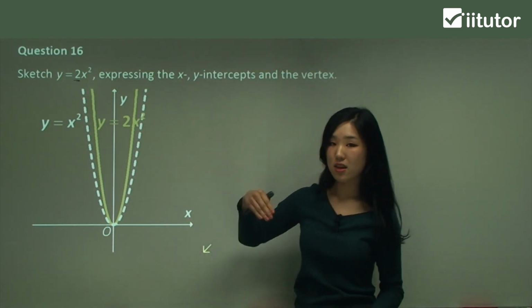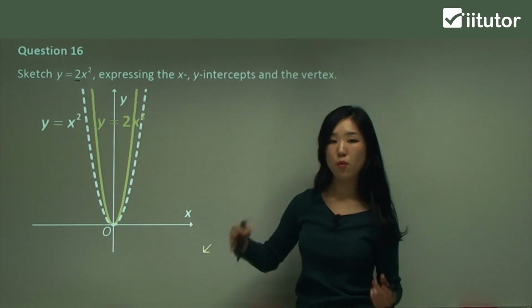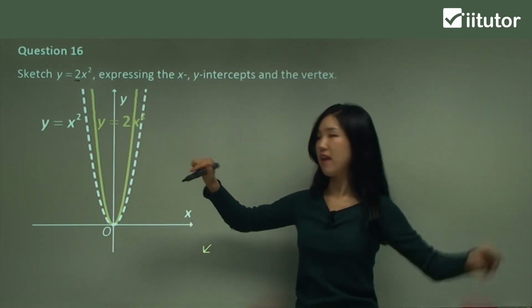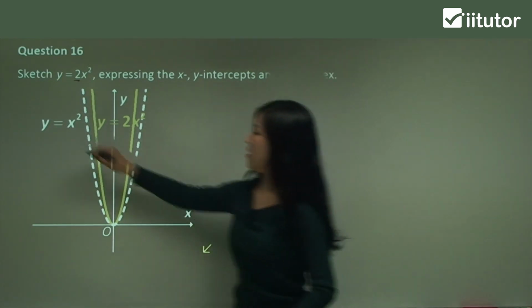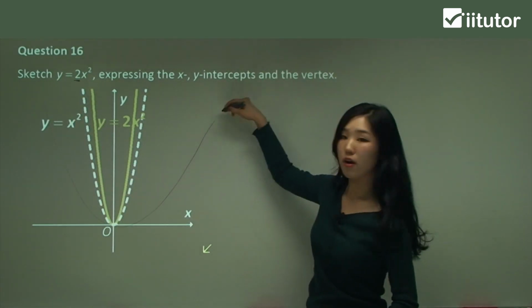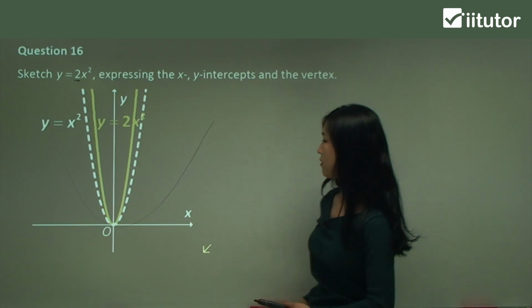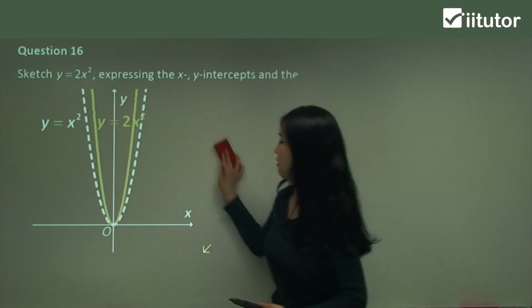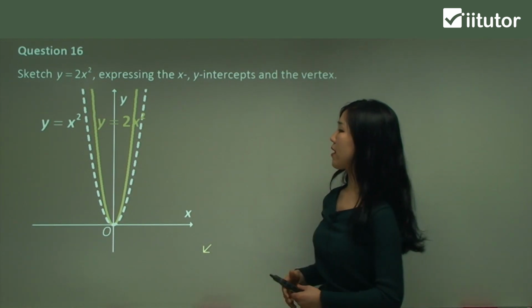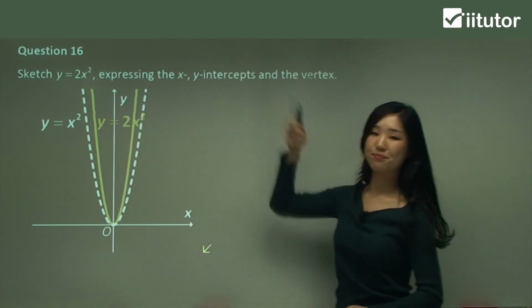Okay, if it's between 0 and 1, it becomes fatter. So if it's say half x squared, it will be a lot fatter this way. Okay, so that's the difference. Sorry I did that really rough, but that's the whole idea. Hope you get the basic idea. That's y equals 2x squared, the yellow one.